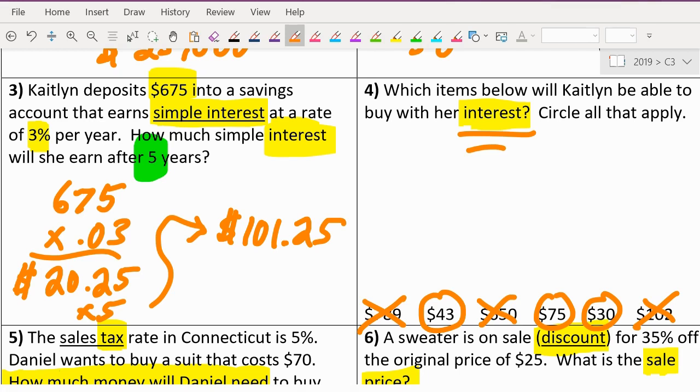If they ask for the total amount she has in her bank account, very often you have to add it after the interest. But if they say, what can she buy with just the interest? In other words, she got that interest, but she doesn't want to spend everything she has. She only wants to spend the interest. See what I mean?